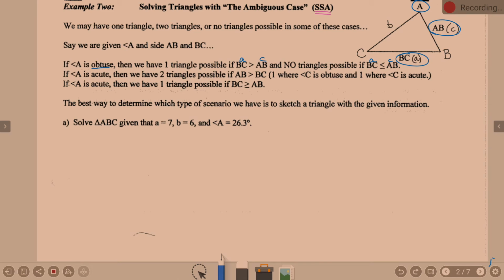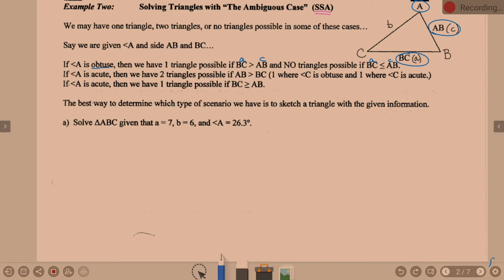And this has to do with the idea that if there's an obtuse angle, what side has to be opposite the obtuse angle? In other words, the obtuse angle is going to be what angle of the triangle? What's obtuse mean? Over 90, bigger than 90, right?